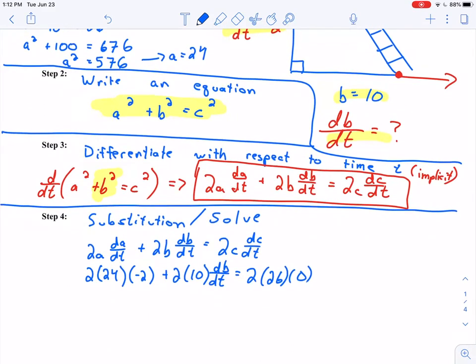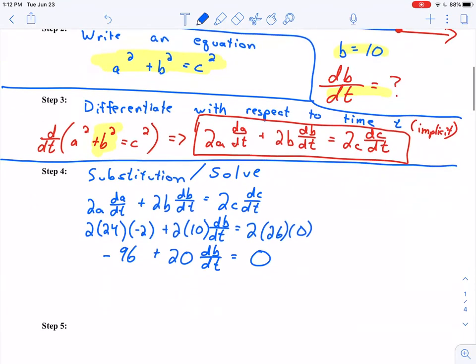So let's see, 2 times 24 times -2. I should have -96 here, plus 2 times 10, I've got 20 dB over dt. Over here, 2 times 26 times 0, I'll just have 0. 20 dB over dt equals positive 96.